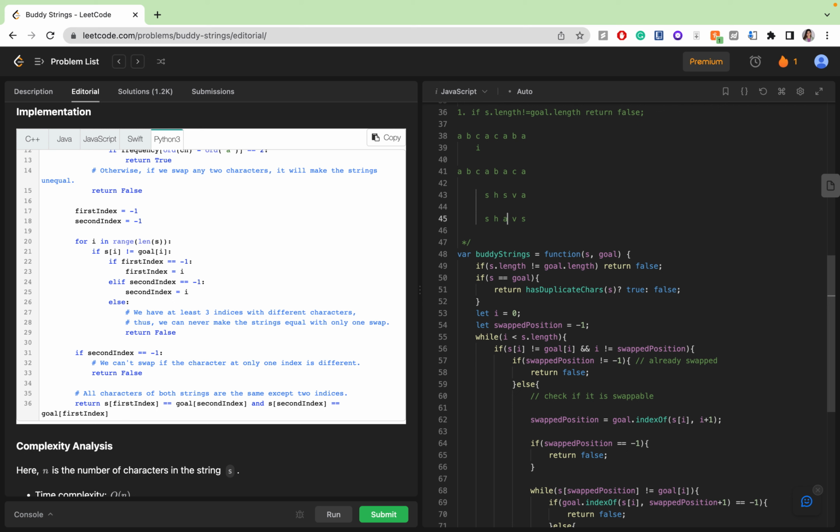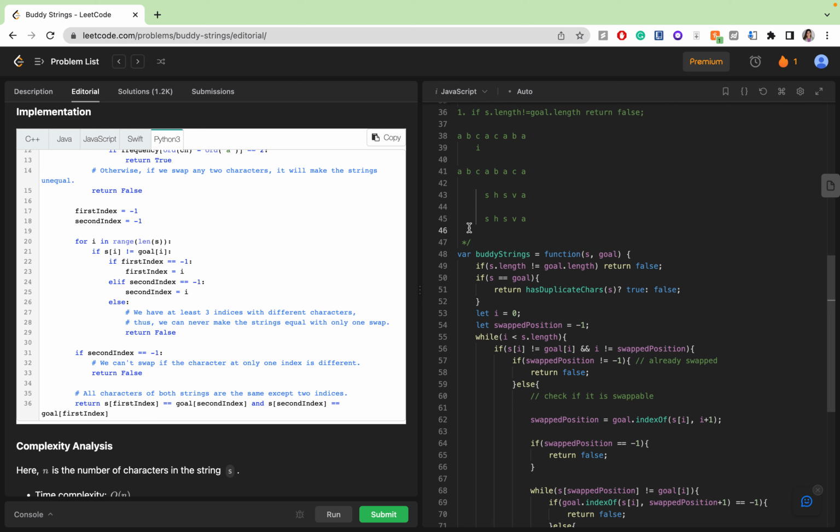Because when I swapped with the first S, then these two are not equal, so swapping is not feasible here. What I should have done is, if this is not swappable, okay, nice, I should have looked at another character. This is swappable, right? A and S. See, S and A, they are swappable. Yeah. So those are the two edge cases that I missed.